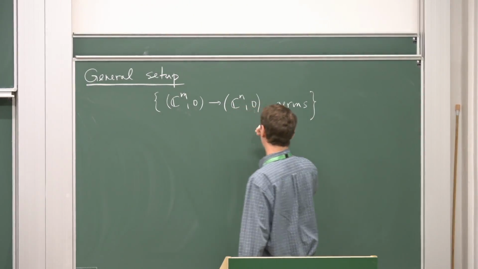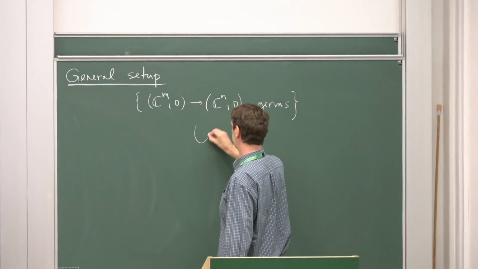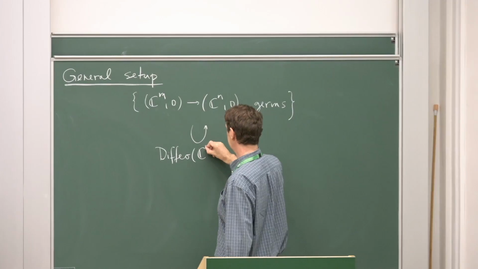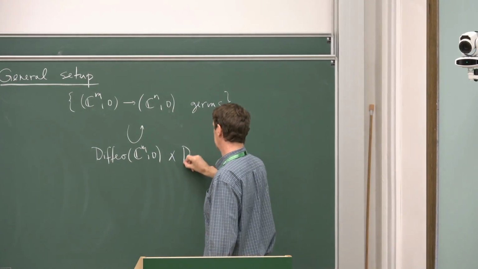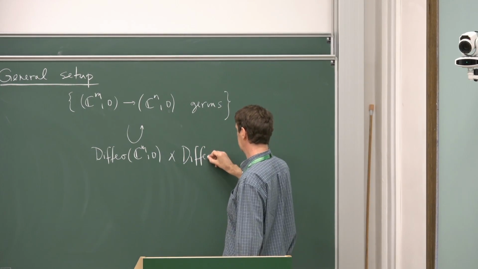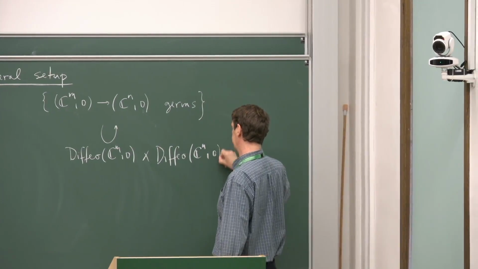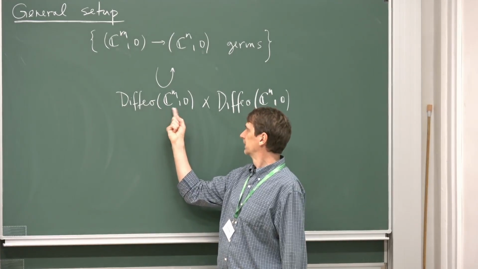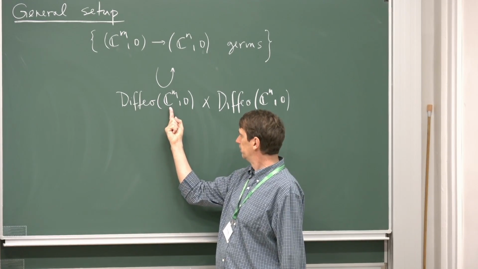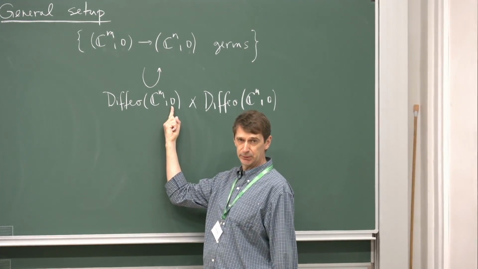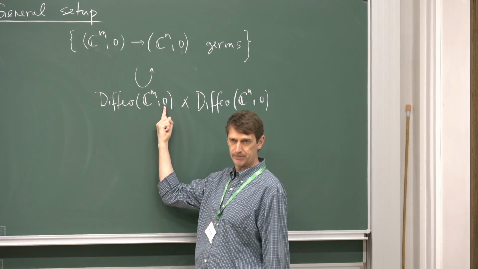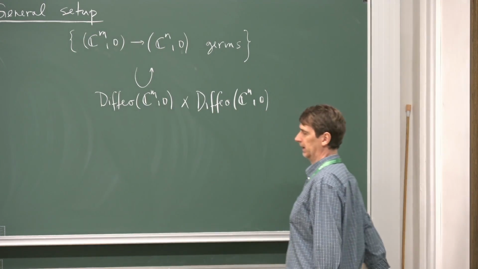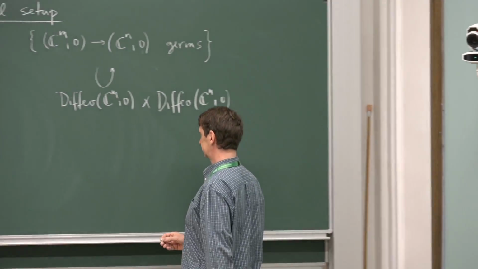On this vector space, it's an infinite dimensional vector space, a certain group acts that I will denote by diffeomorphisms of Cm,0 cross diffeomorphisms of Cn,0. So first of all, what are these? These are biholomorphic maps defined in the neighborhood of 0 with the same identification. So that's the complex reparametrization of Cn,0.